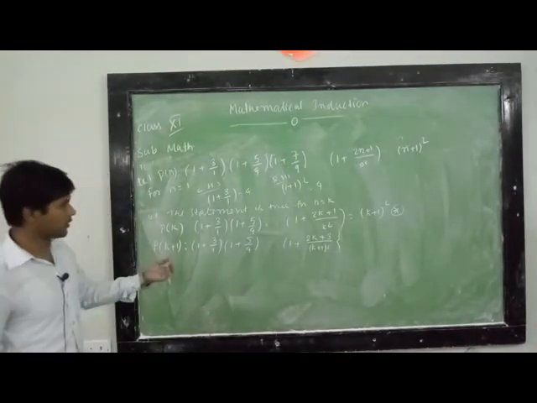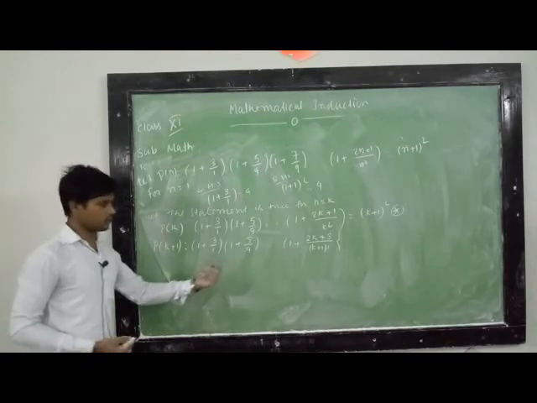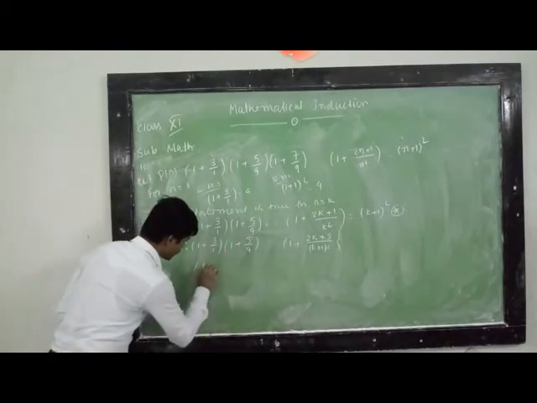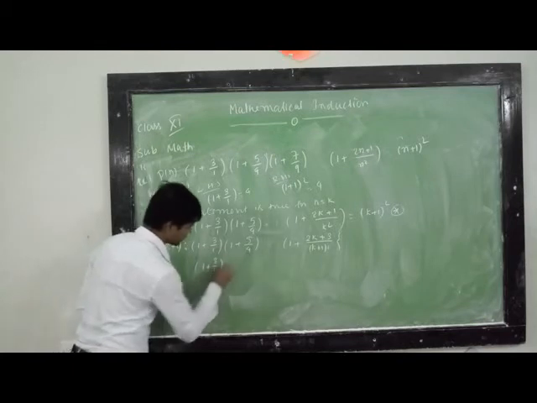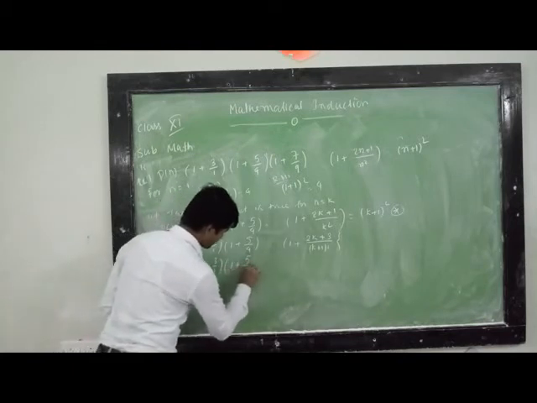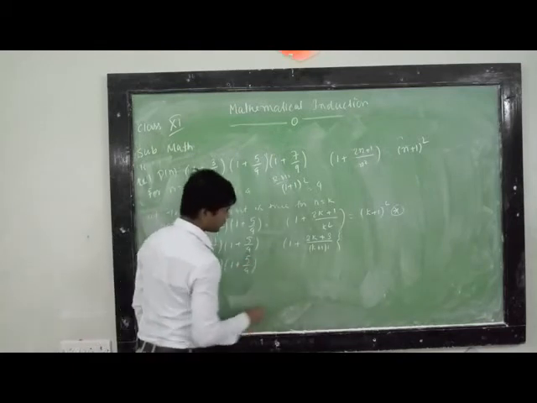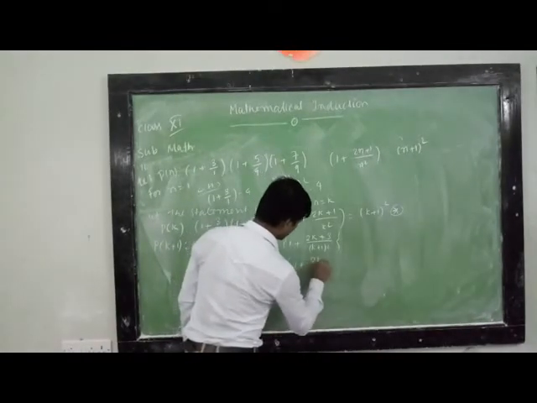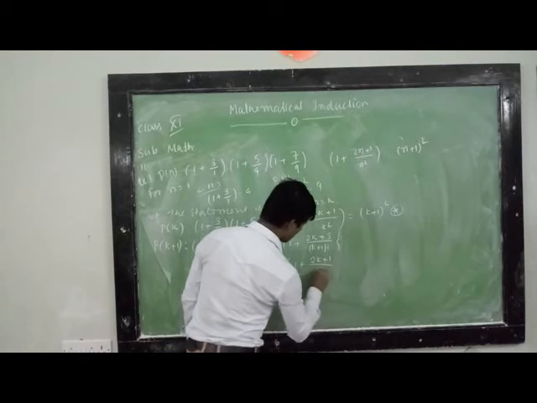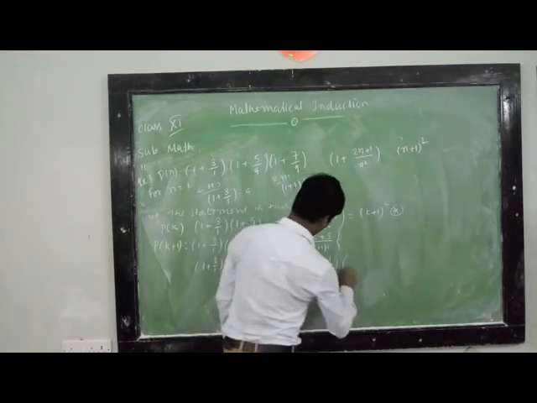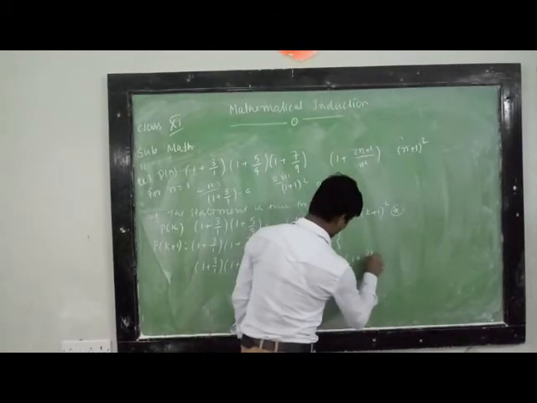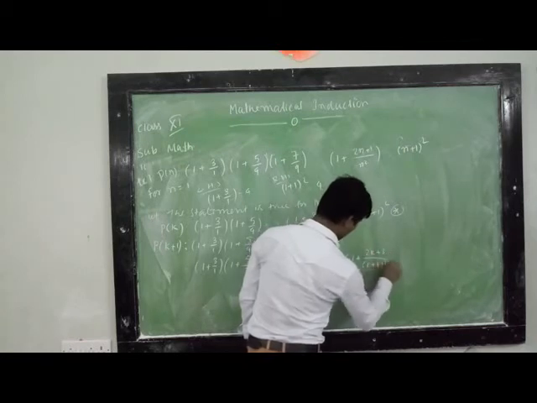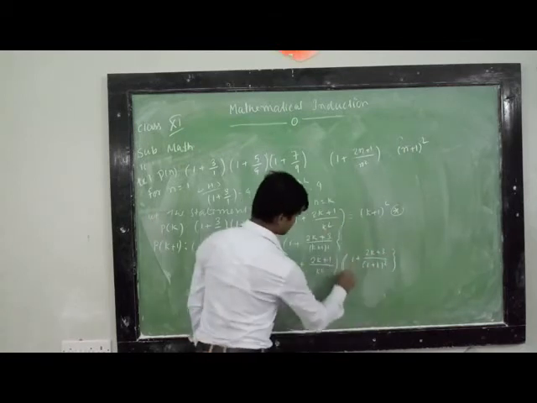Now we rewrite the last line again, writing its previous term. So it will be (1 + 3/1)(1 + 5/4)... the previous term is (1 + (2k+1)/k²) into (1 + (2k+3)/(k+1)²).